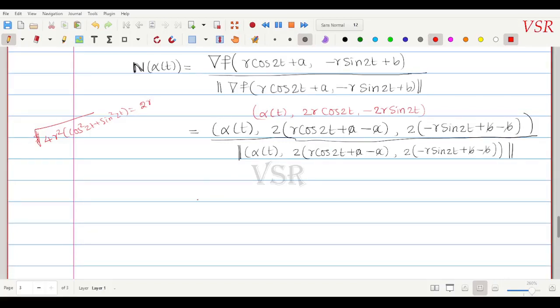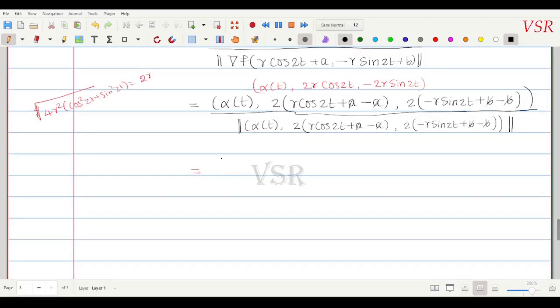So this is equal to alpha of t, comma, 2r cos 2t, comma, minus 2r sin 2t, divided by 2r. Correct, it is 2r, no problem, right? Fine, no problem. So what do we get, this 2r will cancel with everything.